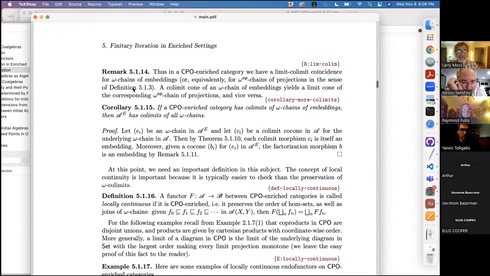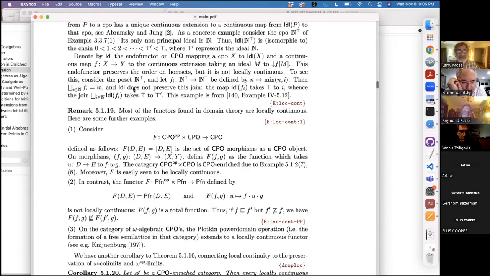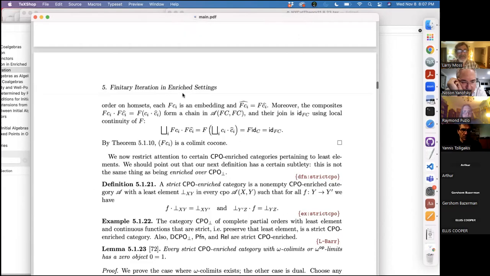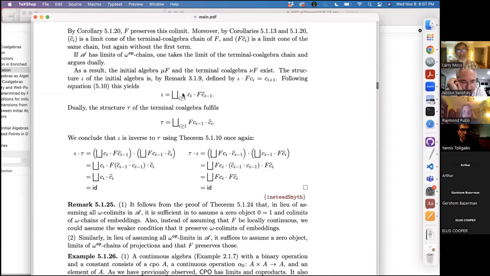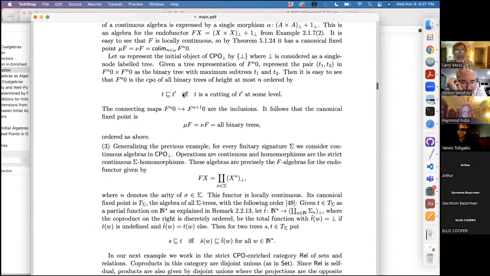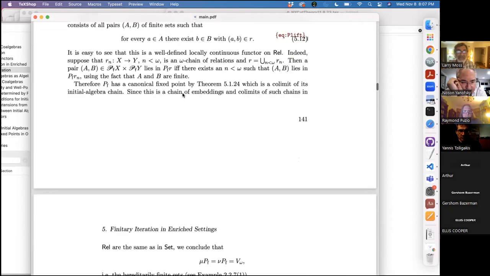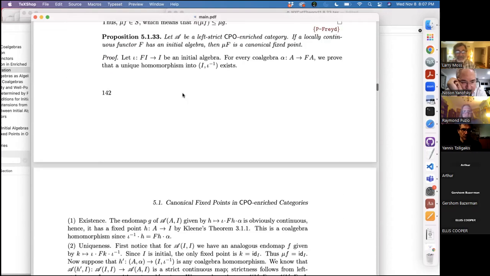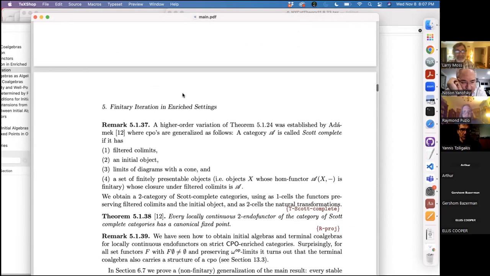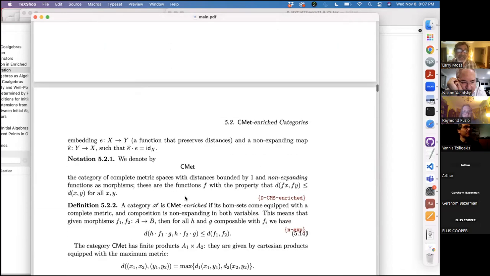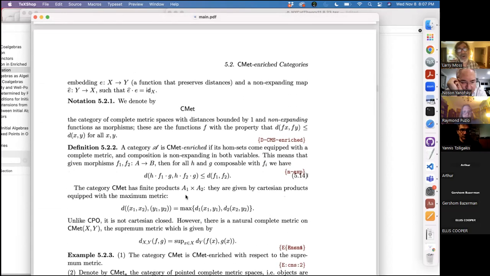And the one about metric spaces, well, this is what you do in domain theory. For metric spaces, it's similar. You need your category to be enriched in complete metric spaces. It's going to be the next section here. Enriched in metric spaces. Again, you need to know something about how the Hom sets work.